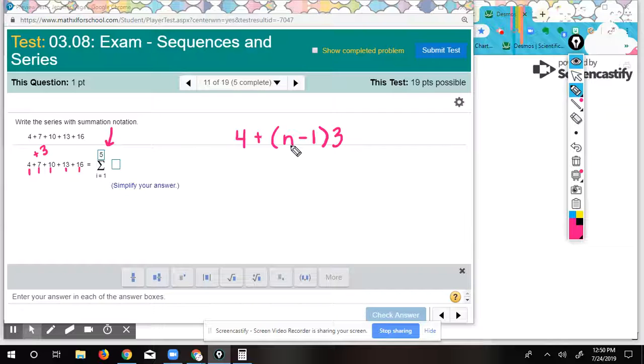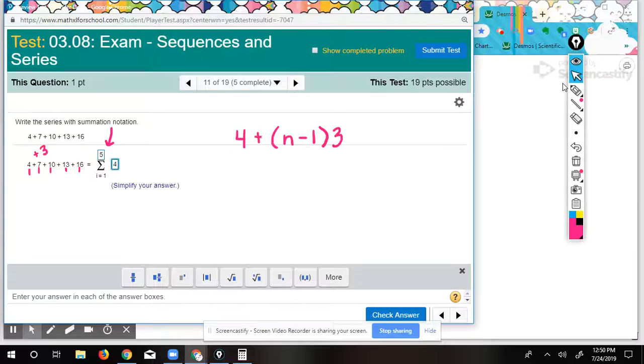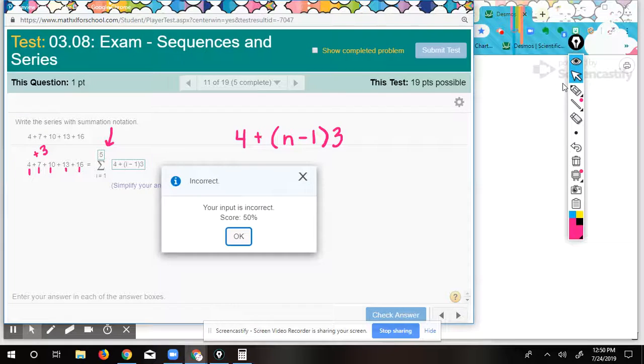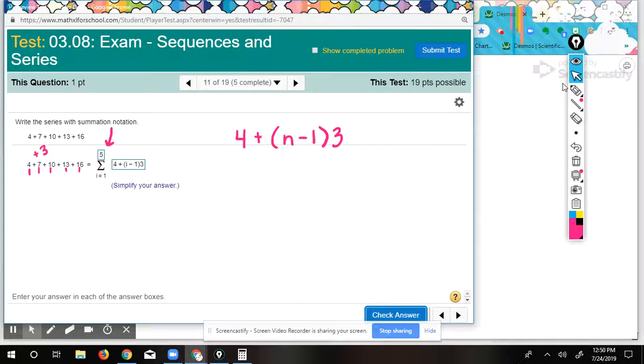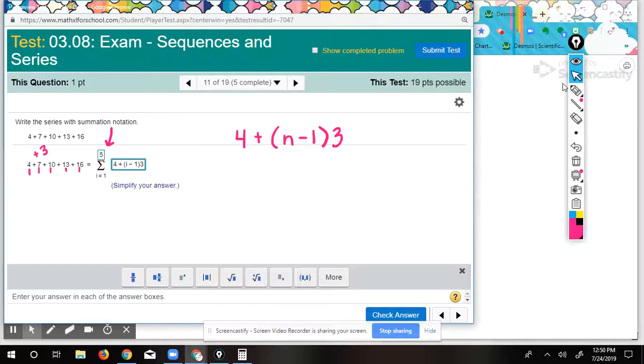So instead of n, though, we're going to change it to i, because series always want it with i. And I don't think they want us to simplify. Times 3. Check it. Oh, incorrect. Okay, let's try it again. So maybe they do want us to simplify. I bet you they do.